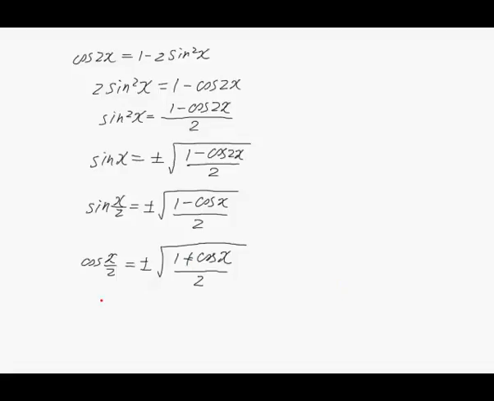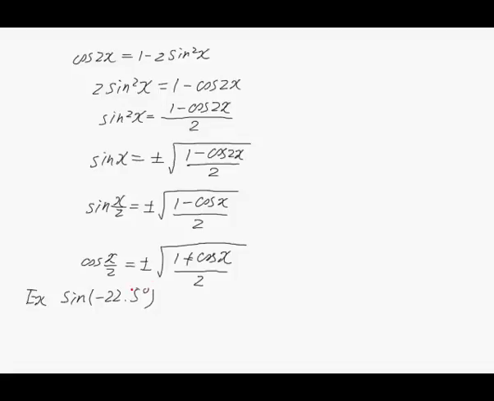Now, let's look at one example. Try to find sine of negative 22.5 degrees. Okay? And for this angle, you cannot use other identities we named before to find it.